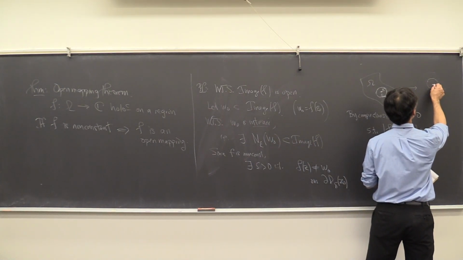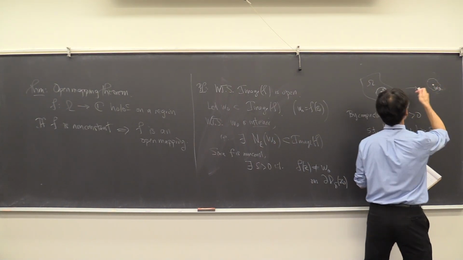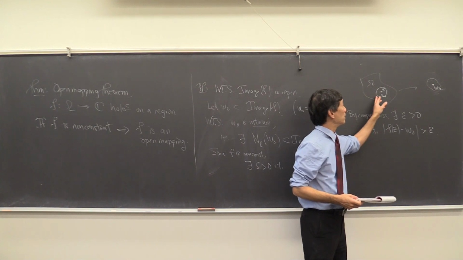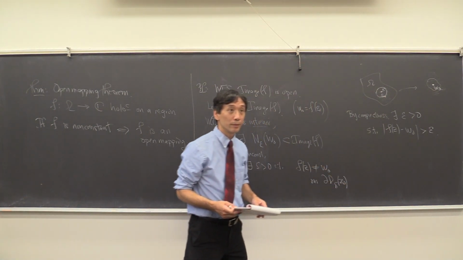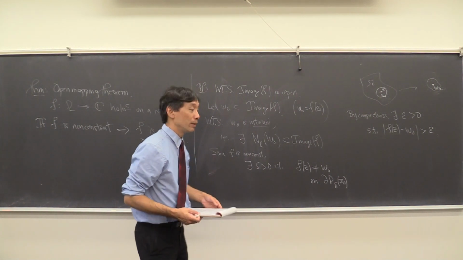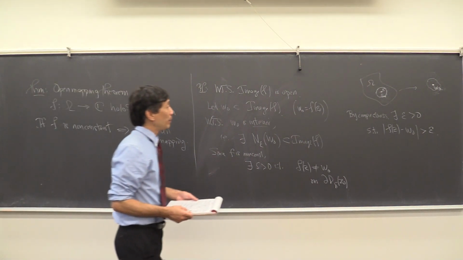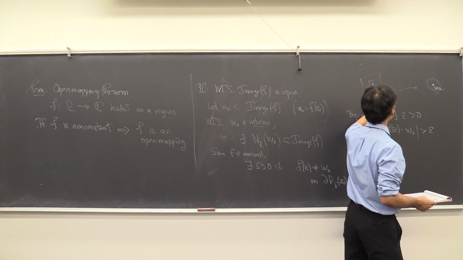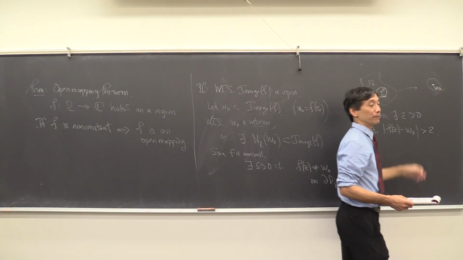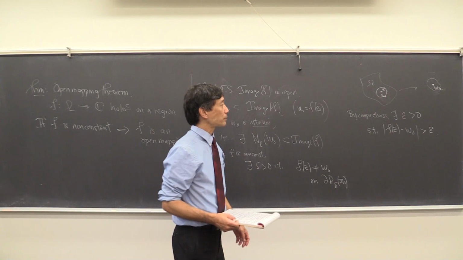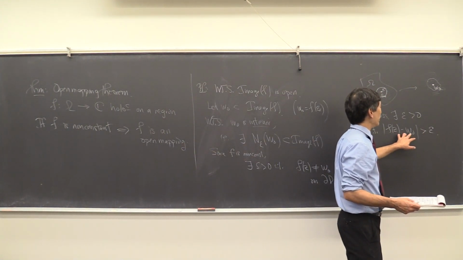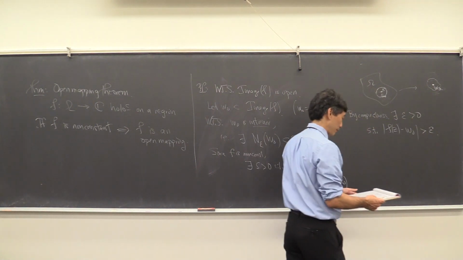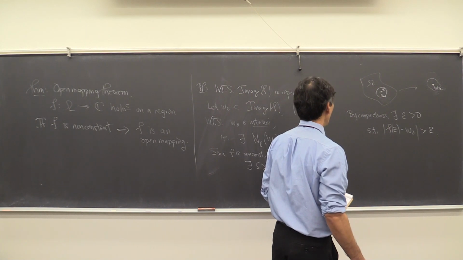There's a minimum distance from W naught to the image of the circle, because this is compact. Question? Do you have a question, Kai? I was going to say, by the compactness of what? By compactness of the image. Right, this is a compact set, so it's mapped to a compact set. Good. Thank you. Okay. So we know that there's some definite distance between W naught and that image.